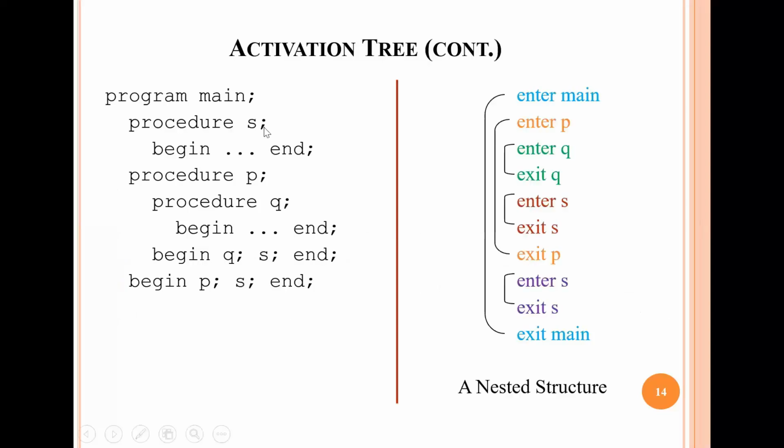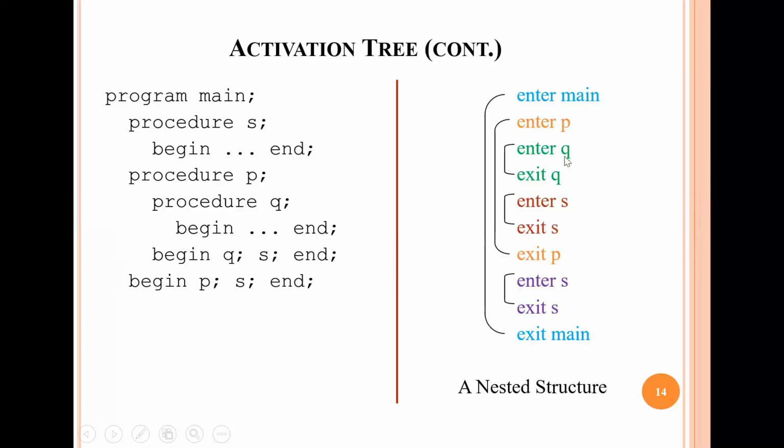Say for example, in this case, we have a main program, followed by that we have procedure S, then within procedure P we have a call to procedure Q, and within procedure Q we have a call to procedure S. So how will we represent it? Here is the main with the entry and exit point.